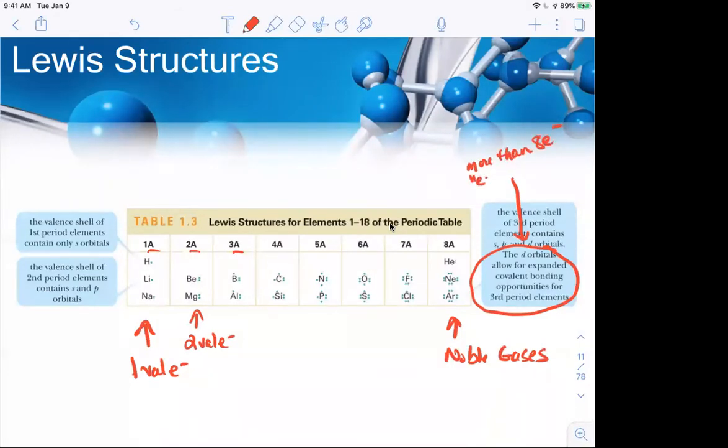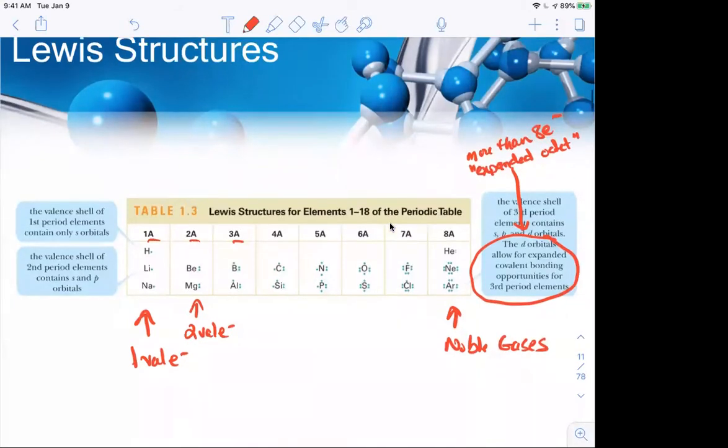This is called an expanded octet. And this is due to the fact that when I get into period 3 and 4 and 5 and so on, I have d orbitals available, which allow for an expanded covalent bonding opportunity for elements that have those orbitals available to them.